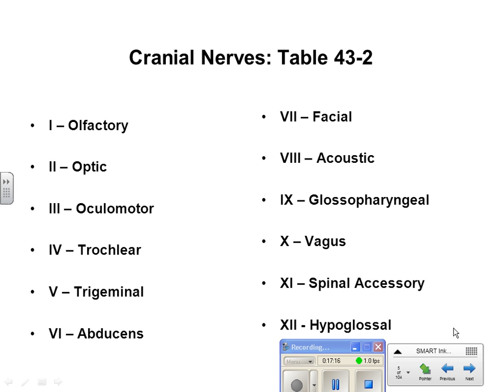Yes? The sheet that you gave us, the fourth one, what is it, trochlear? It says that it's motor and sensory. Let me see. No, if you look over, trochlear is M for motor.